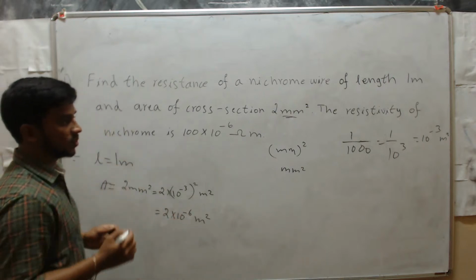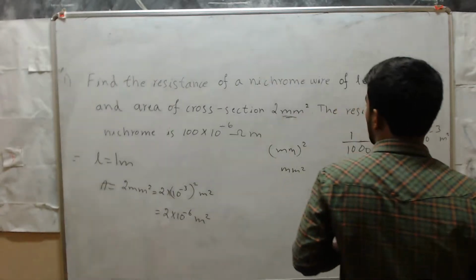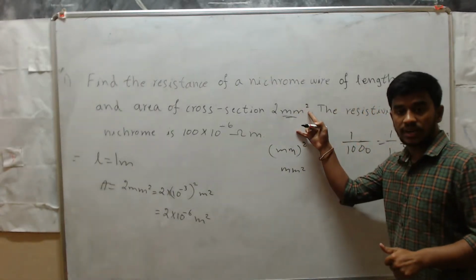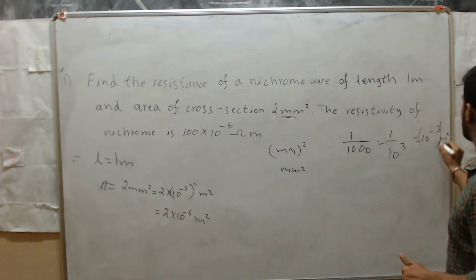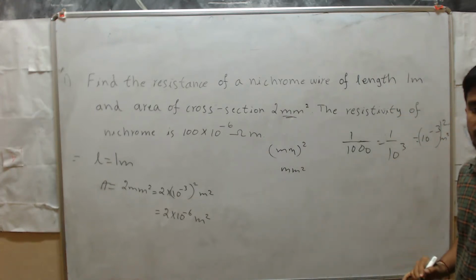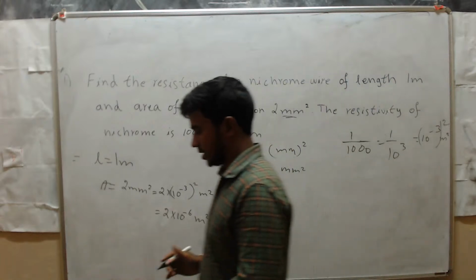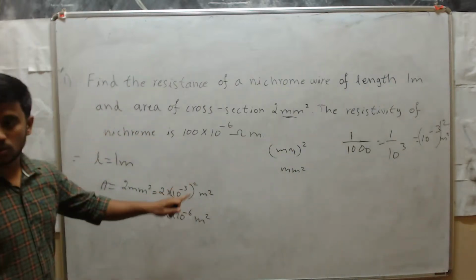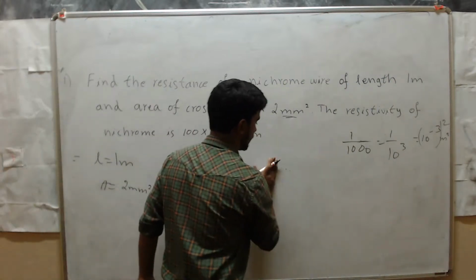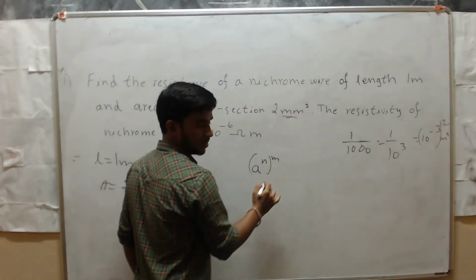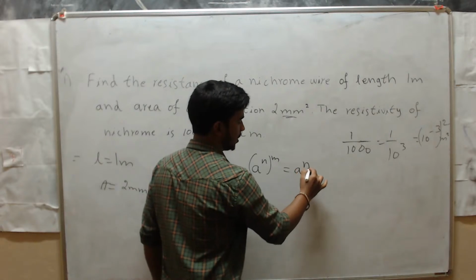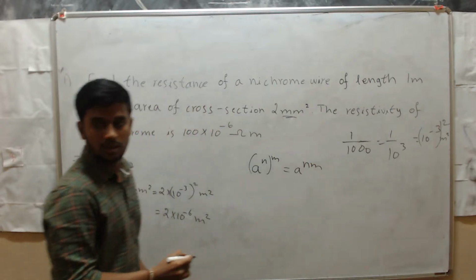See, actually milli means 10 to the power minus 3, but millimeter square means 10 to the power minus 3 whole square. Then it will multiply 3 into 2. You know this formula: a to the power n to the power m is equal to a to the power n into m.